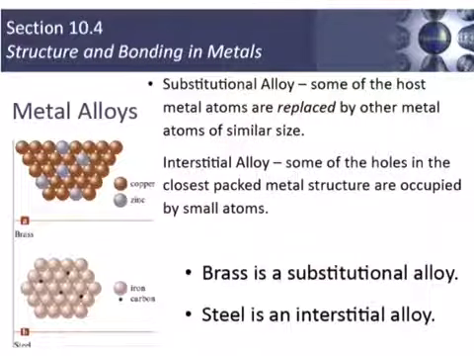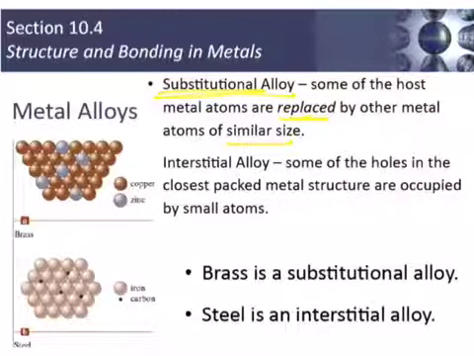So, solutions. When we talk about solutions, we usually think of liquids, but metal alloys are also solutions, though they're solid. You need to know the two types of alloys. A substitutional alloy is where they take out some of the host metal atoms and replace them with another metal of a similar size.